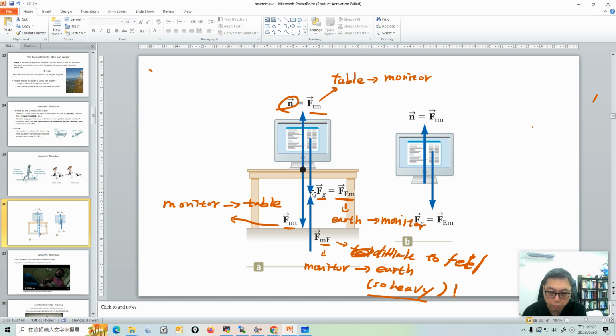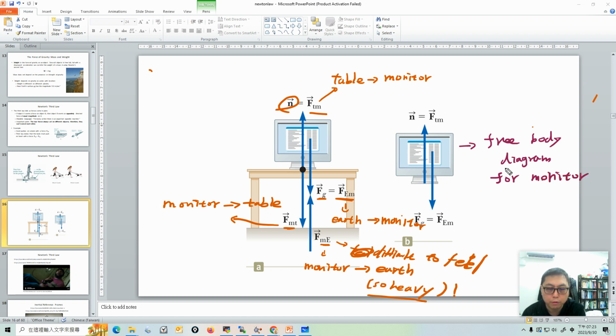So for this system, if you want to draw a free body diagram, especially if we want to analyze the monitor, we focus on the monitor. Let's show the free body diagram for the monitor.